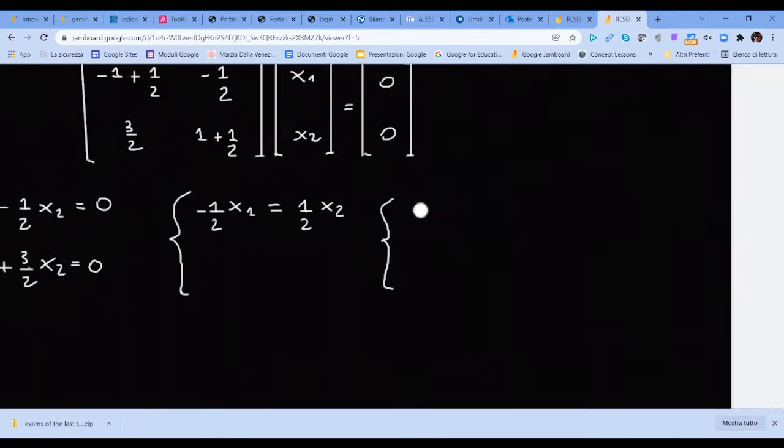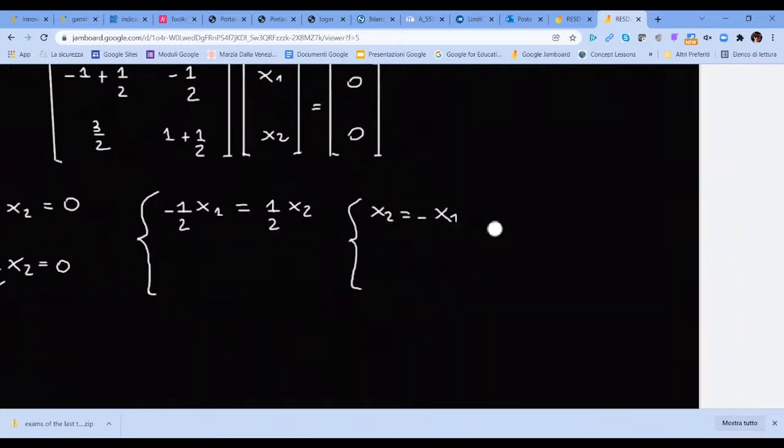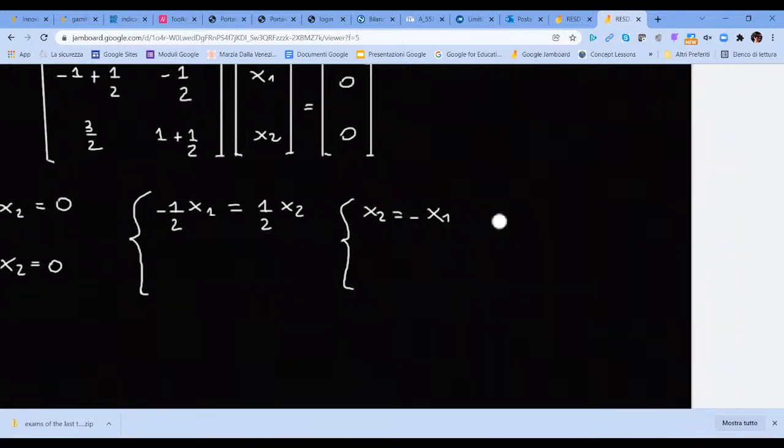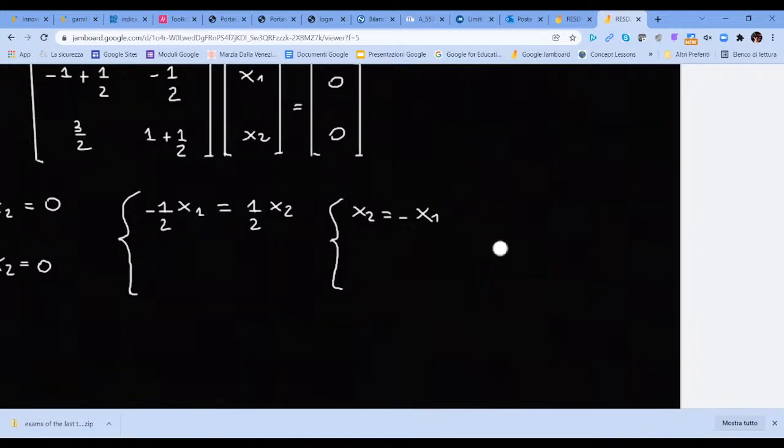And this will be the same. x2 equals minus x1. So what do we have? We have an eigenvector that is beta times 1, minus 1.